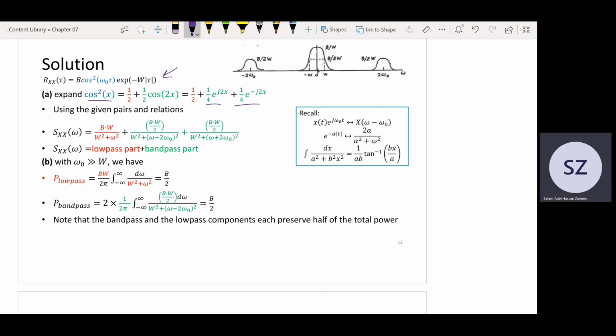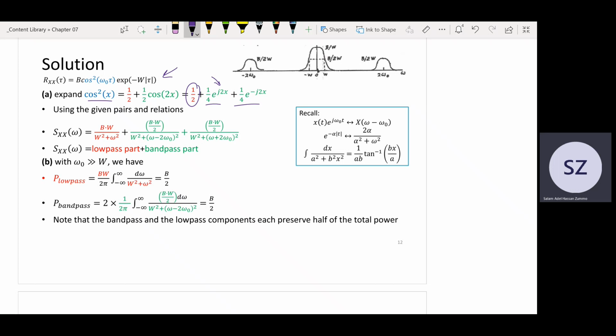So basically, in the power spectral density, we'll have a low pass part, and one frequency component at j2x and another one at minus j2x.